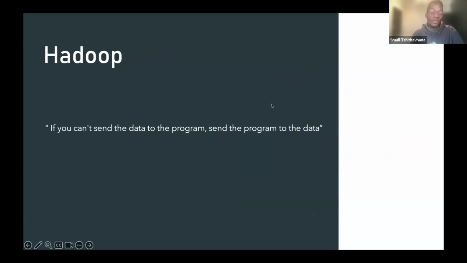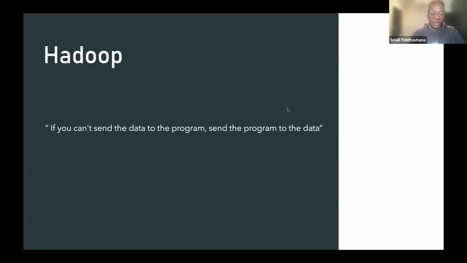So what exactly is Hadoop? Since we are usually working with a large amount of data, instead of sending the data to our computer and then performing some task on it, Hadoop actually sends the program to the cluster, we perform the tasks there, and then we retrieve the results back.